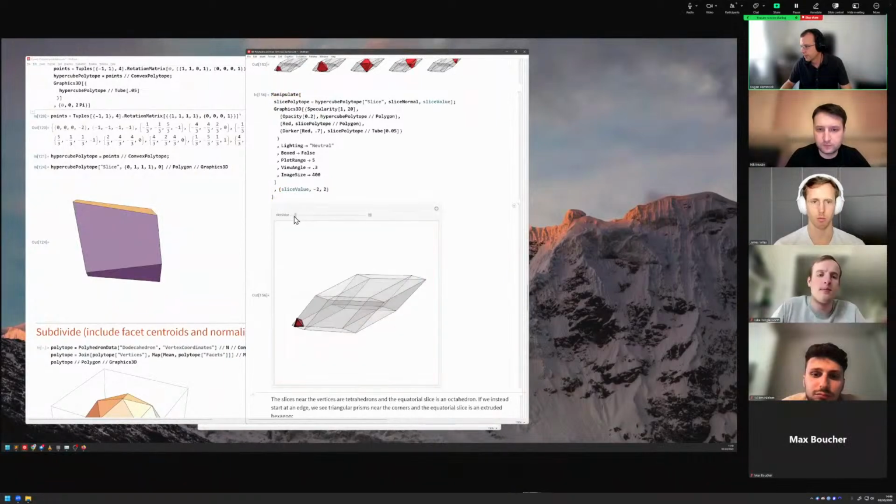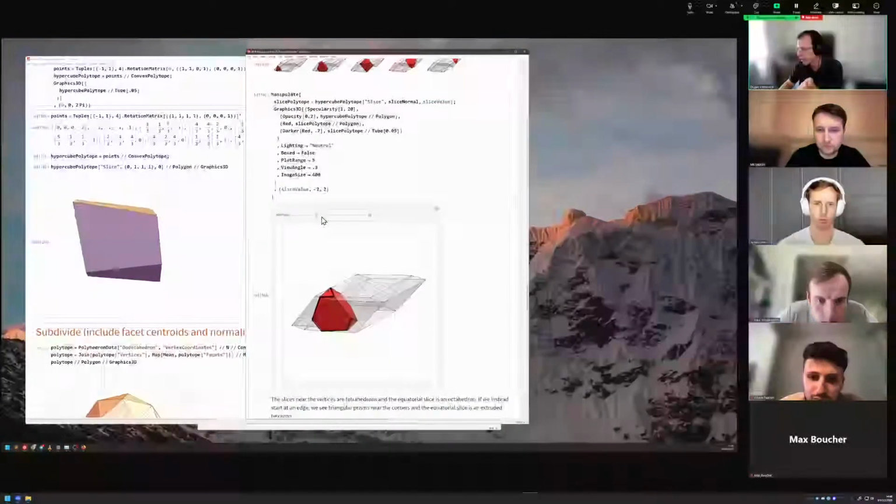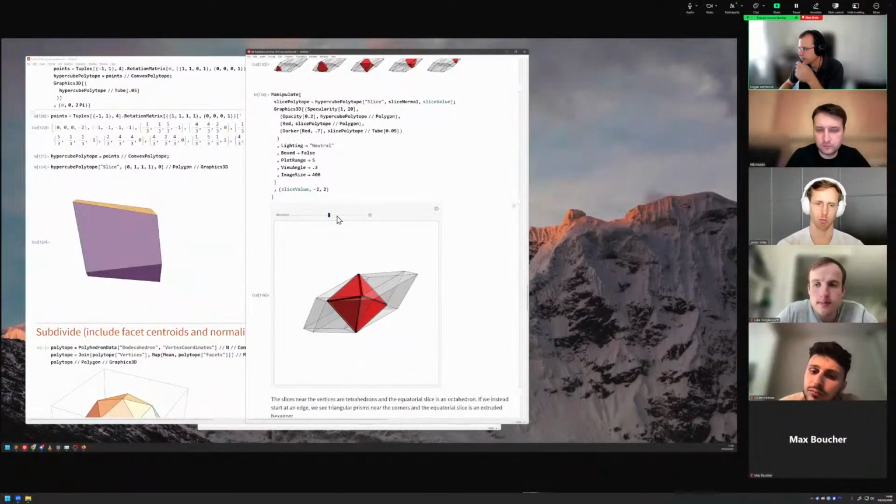At the vertex, slicing right by the vertex gives you a tetrahedron, and then it truncates into an octahedron, and then a tetrahedron at the vertex again.